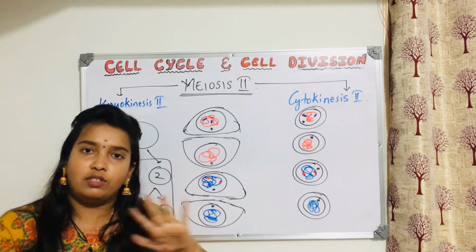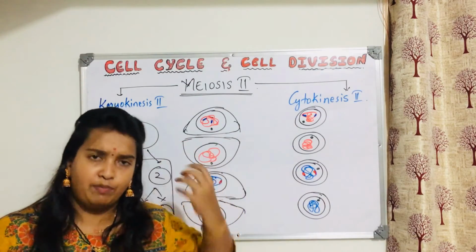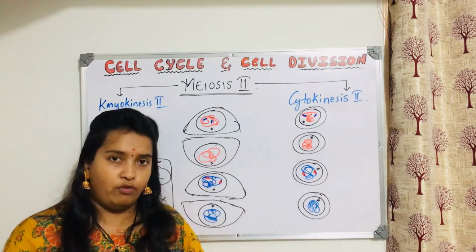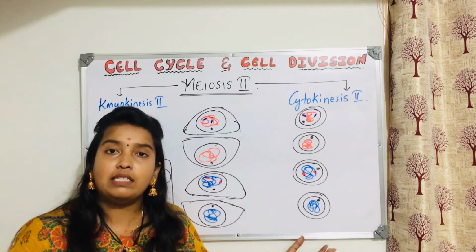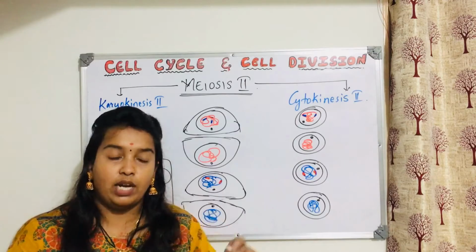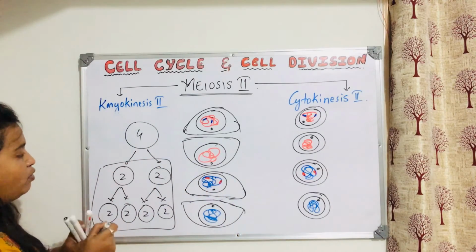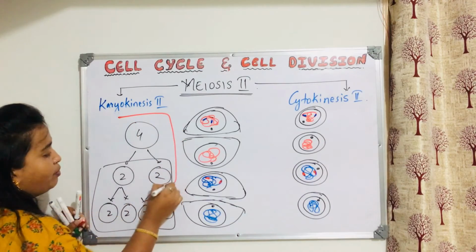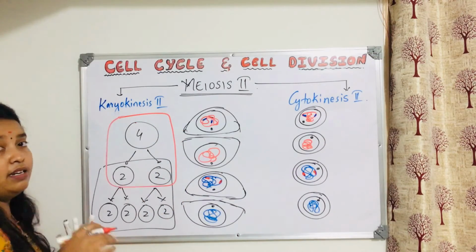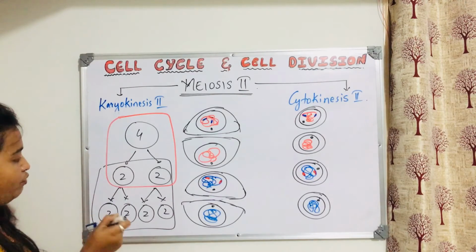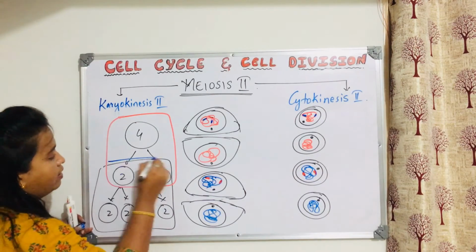Once cytokinesis 2 is completed, whether plate formation in plant cell or furrow formation in animal cell, it finally leads to 4 cells. In meiosis 1, we proved this one, and in meiosis 2, we proved this one.